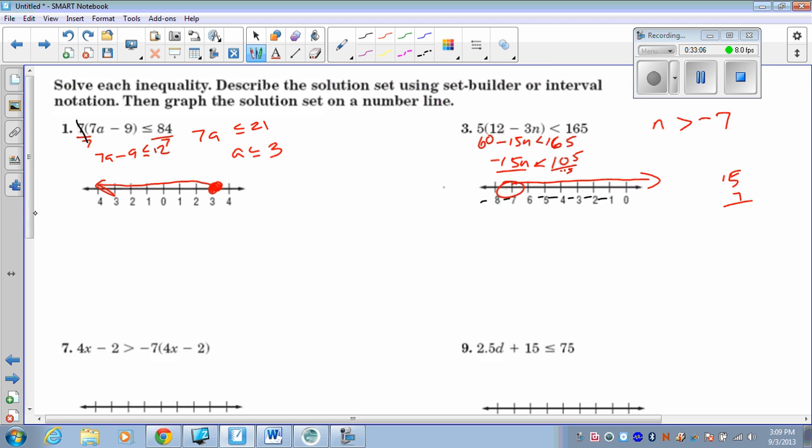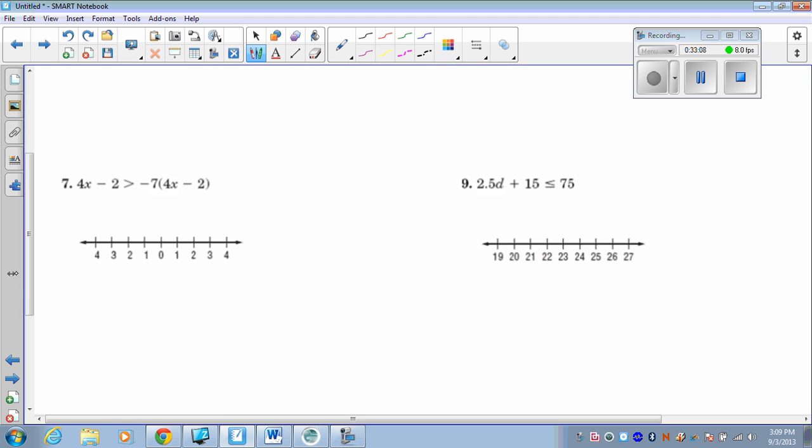Alright, down here. Here I go ahead and distribute. You got negative 28x. It's going to turn to positive 14. Alright, 4x minus 2. Add 28x to both sides to get the x's together. And you end up with 32x is greater than, I'm going to add 2 to get that by itself. So I added 2 to both sides to make that cancel.